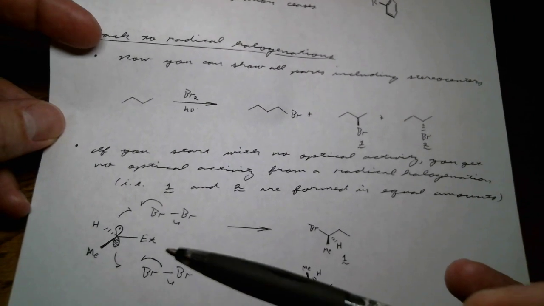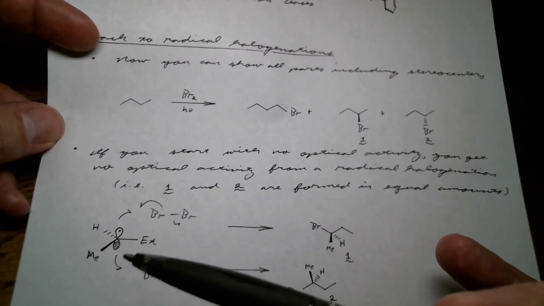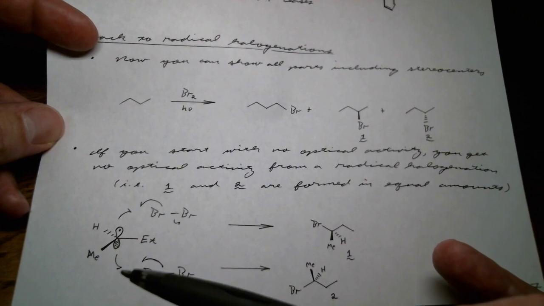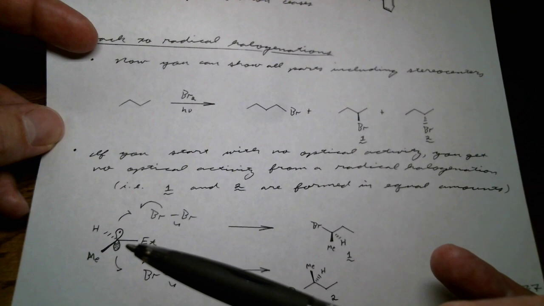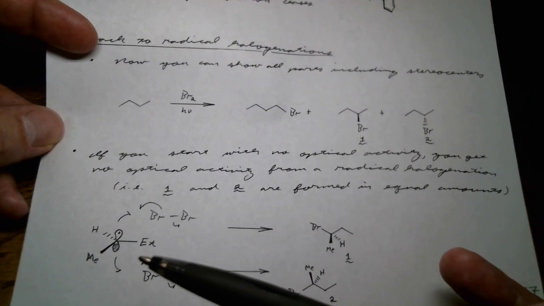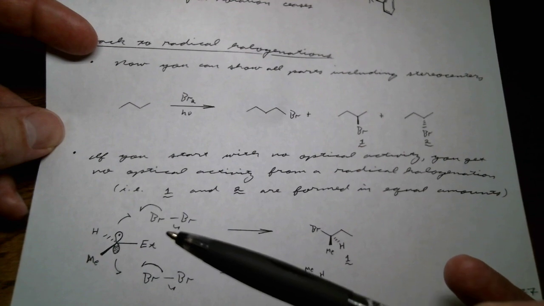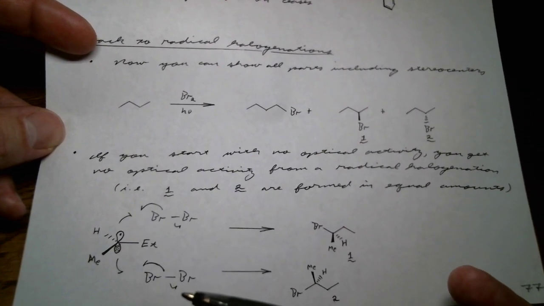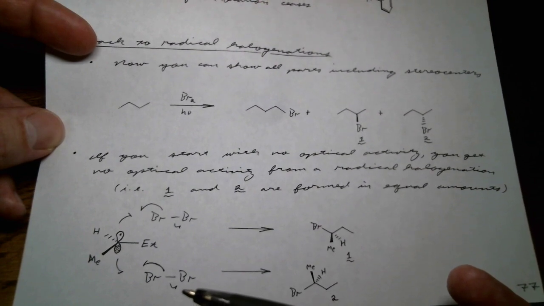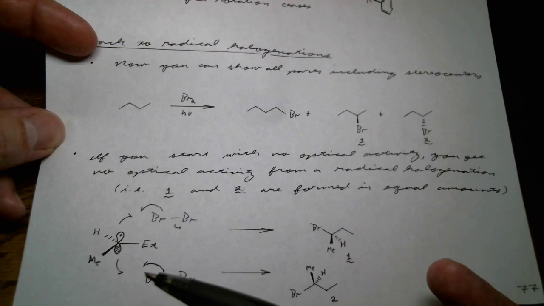So one could imagine the intermediate radical, where you've abstracted a secondary hydrogen. It is prochiral, but on its own it is achiral. So it could react with diatomic bromine from the top lobe or from the bottom lobe. And there's nothing that would differentiate either of those reactions in terms of energetics.